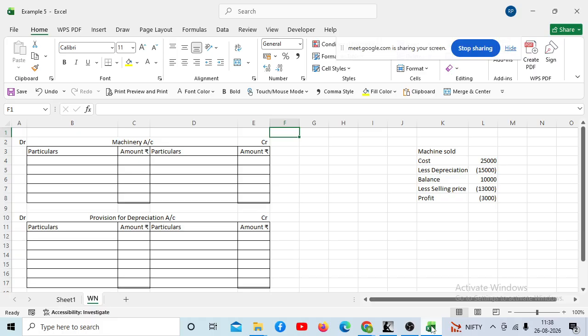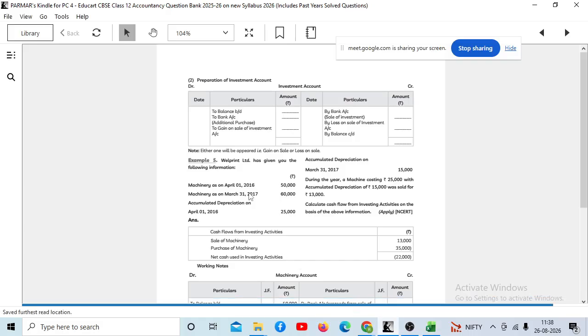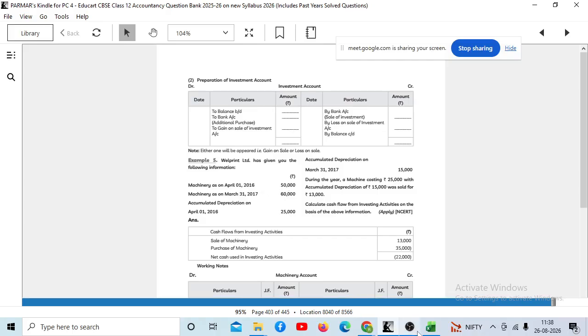So now let us come to the question. Now see, this machinery is an asset. So what is the normal balance of asset? Debit. Since the normal balance is debit, we have to write the opening balance on the debit side.